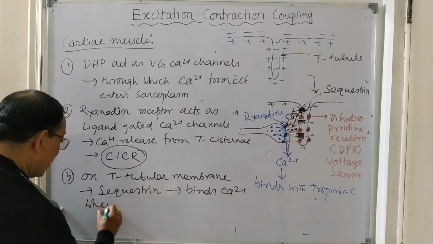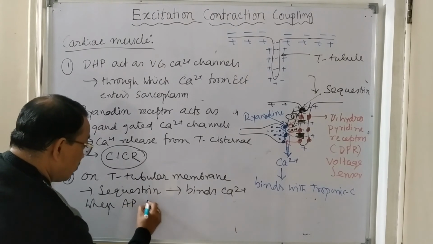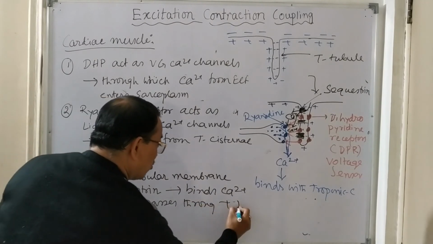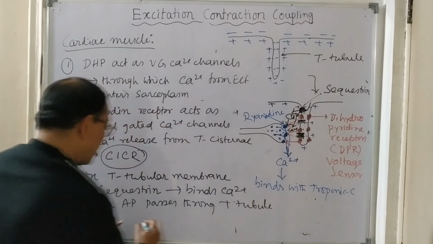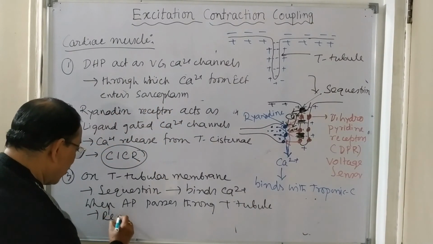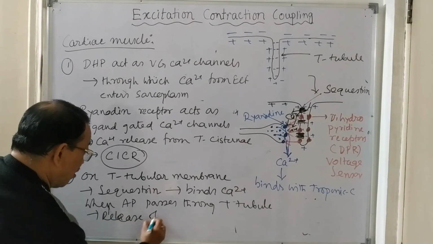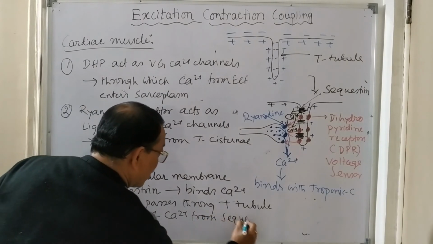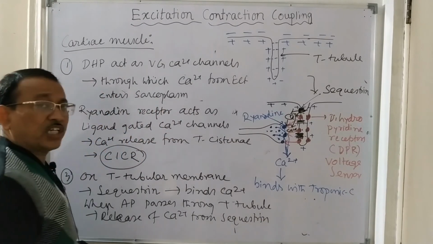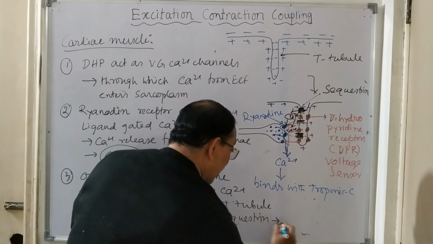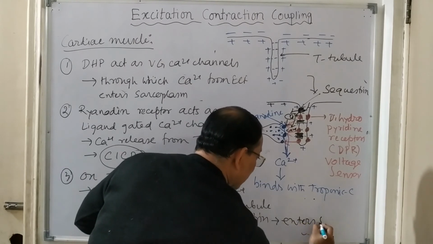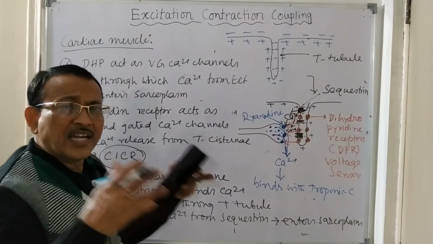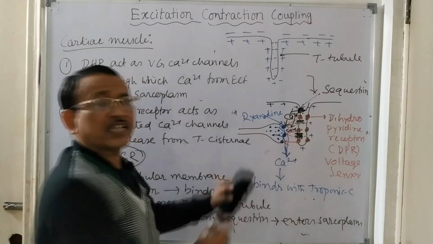When the action potential passes through the T-tubule, there is a release of the calcium ion from sequestrin, and this calcium ion enters the sarcoplasm, and thereby plenty of calcium ions are released inside the sarcoplasm.